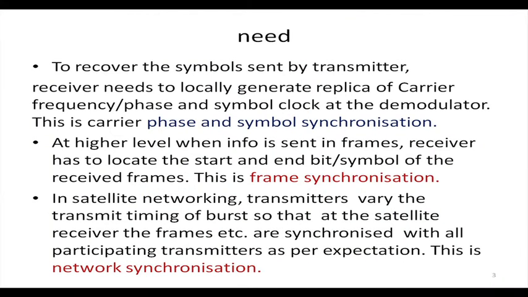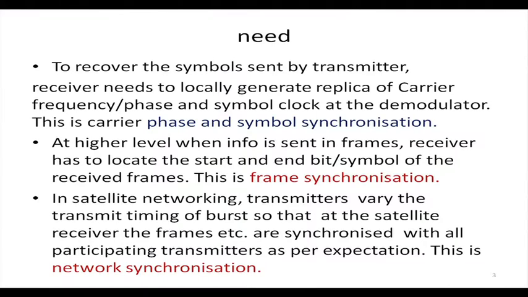These transmitters have to send their signals and they have to reach the receiver at the satellite, particularly in time division multiple access, TDMA, in proper sequence as per the allotted burst sequence. Since many transmitters are trying to access, we can call this network synchronization. We will discuss frame synchronization and network synchronization in subsequent periods.